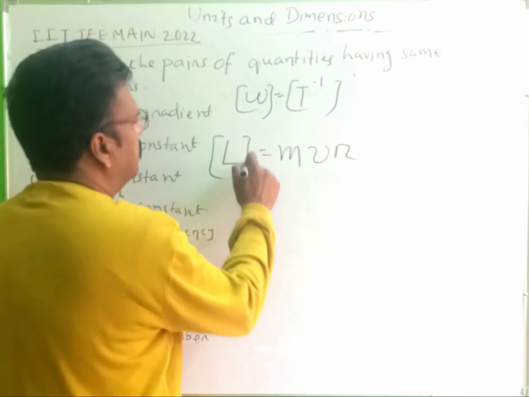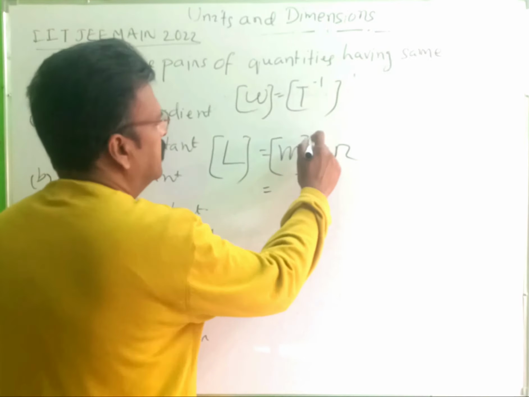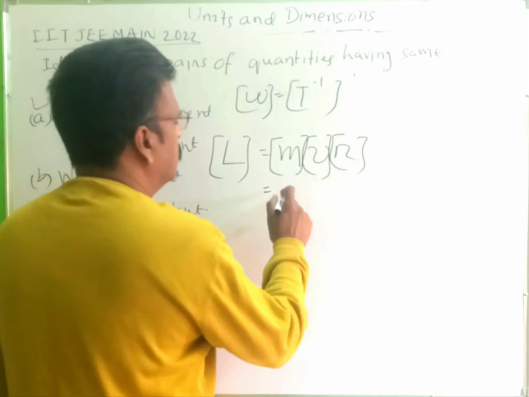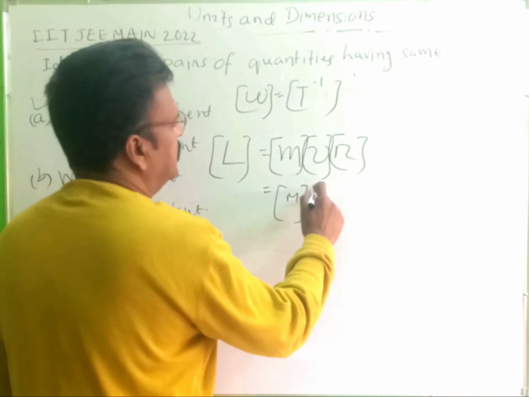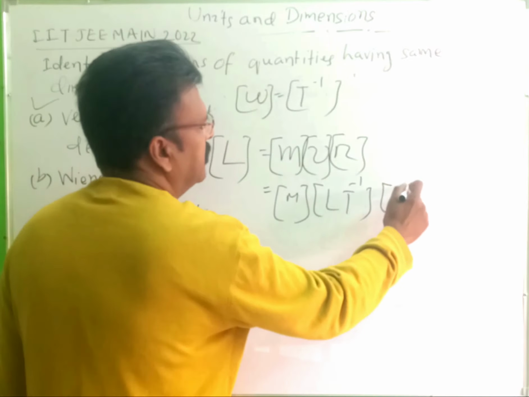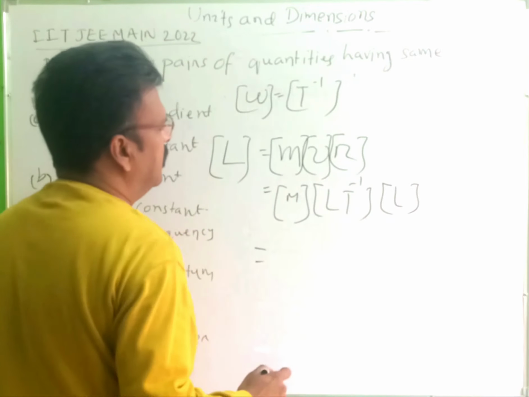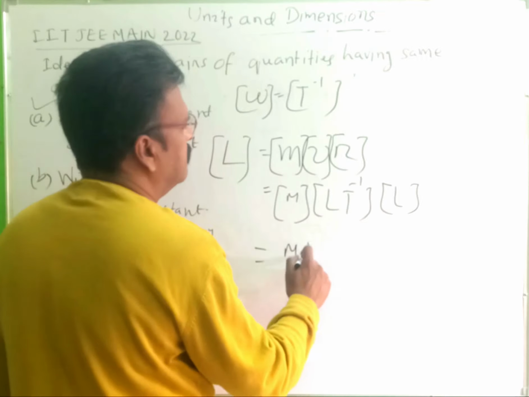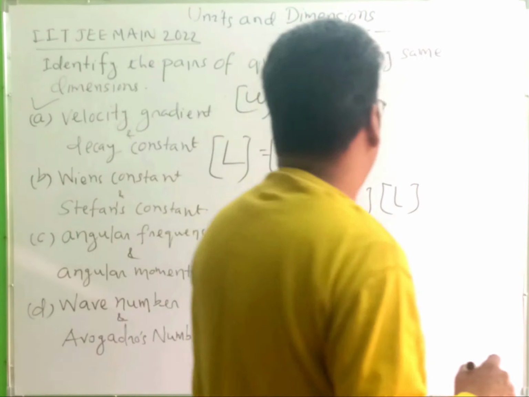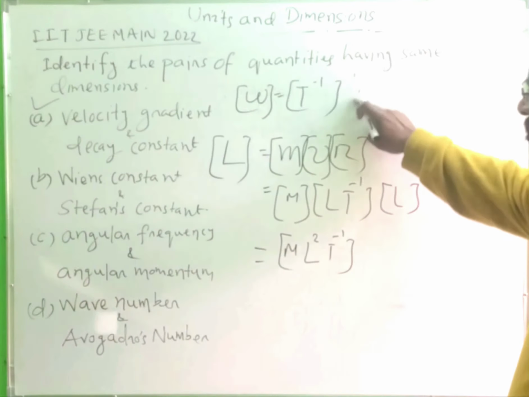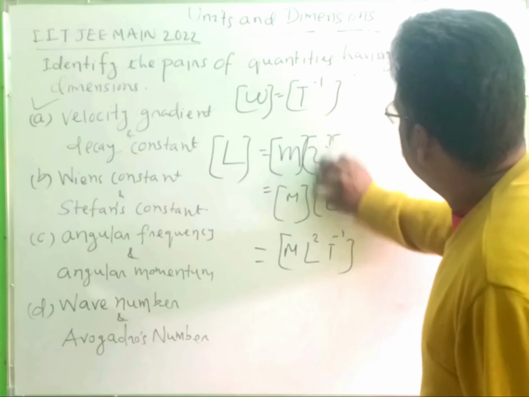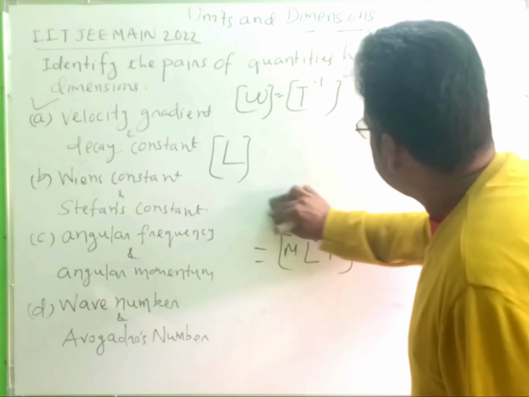So the dimensions of L will be the dimensions of mass, velocity and radius multiplied together. So this becomes M in square brackets, velocity, you know student, LT⁻¹, and that of radius is length L. So ML²T⁻¹ is the dimensional formula for angular momentum, which differs from that of angular frequency. So option C is also not correct according to our question.